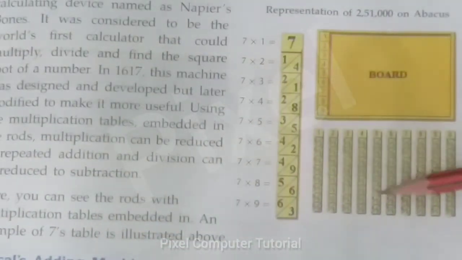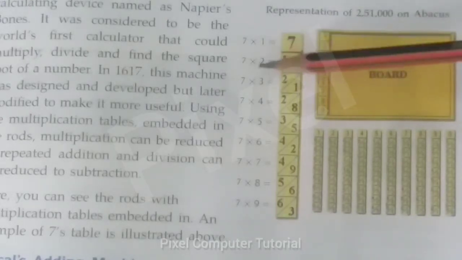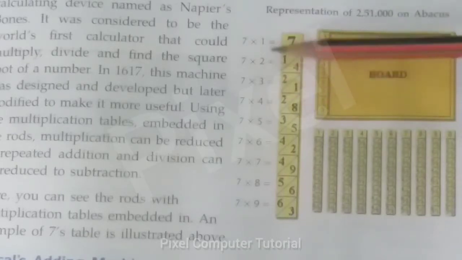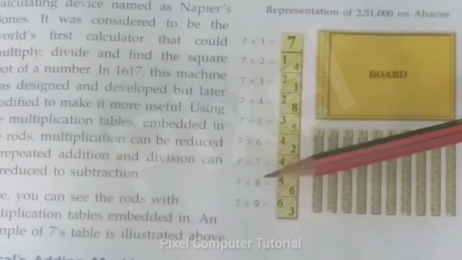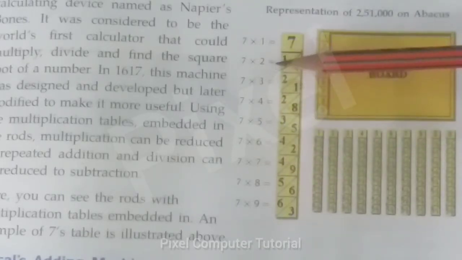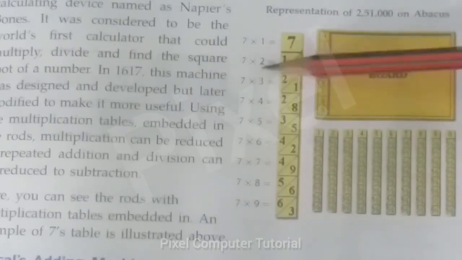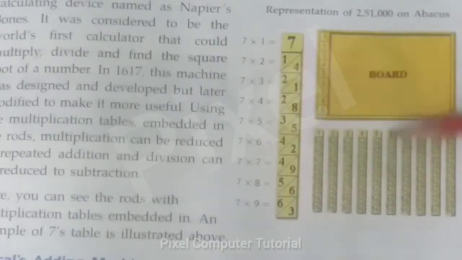calculating device, and that's how he created this multiplication. This is an example they have given here. So 7 ones are 7, 7 twos are 14, and so on. So this is what is being done.